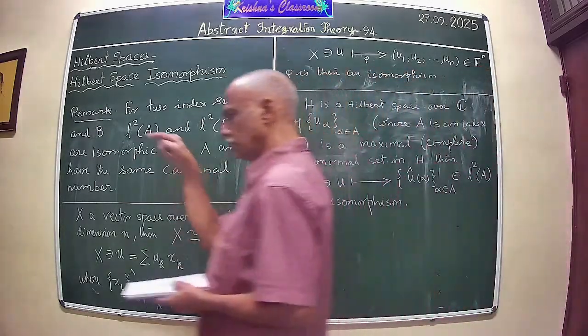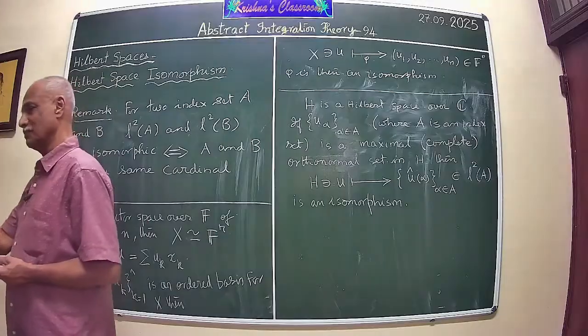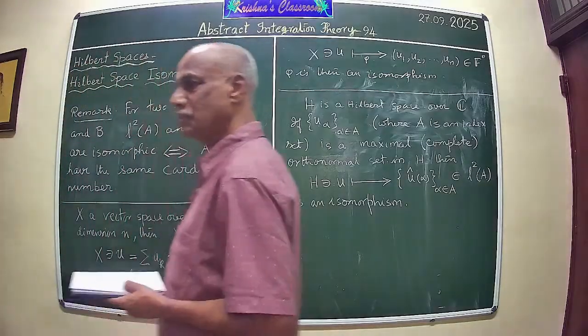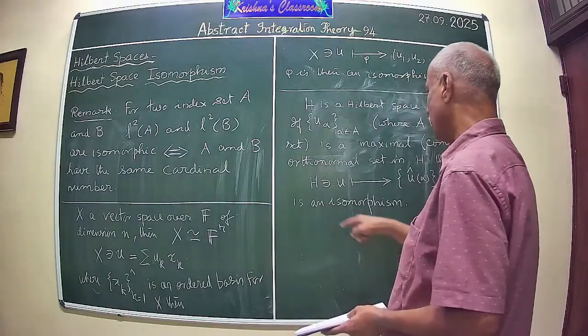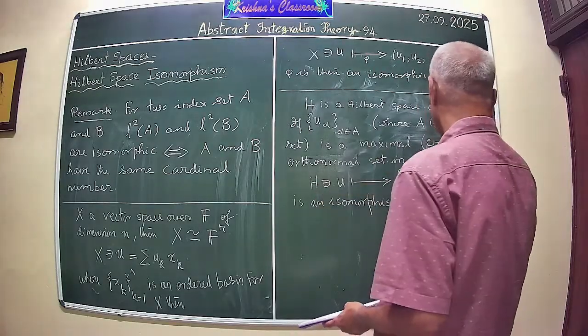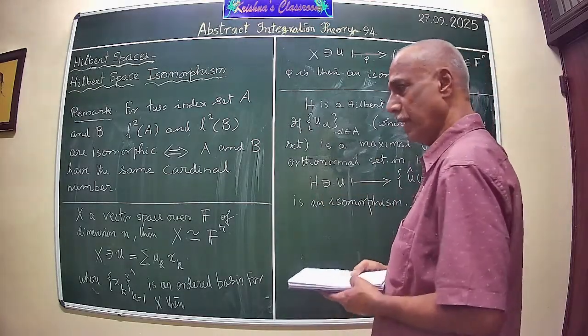So corresponding to every H over C, you have an isomorphism from H to L2A for some A.